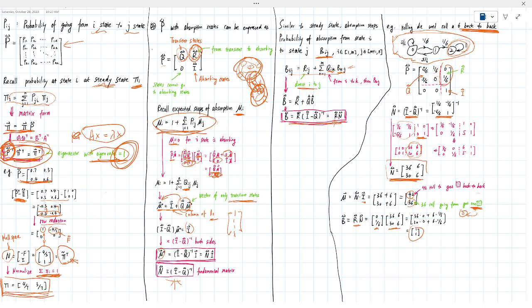Both have a 100% chance of being absorbed into the final state 2 because there's only one absorbing state, which makes sense.